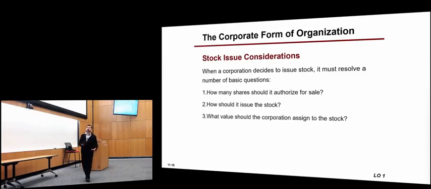Okay? So the company, before they issue stocks, has to look at several things. For example, they look at the shares that they have authorized. They have to look at how they are going to issue the stocks. There are different ways. They can issue stocks and sell them directly, and consequently they would have the risk of not being able to sell all of them.